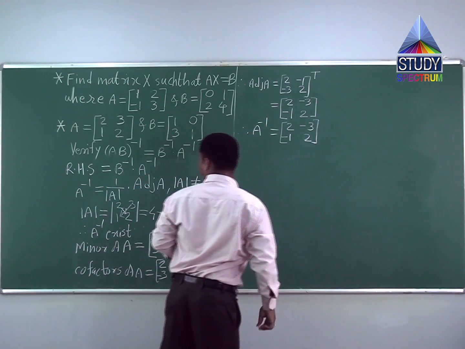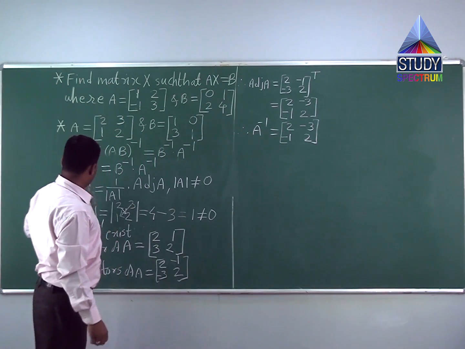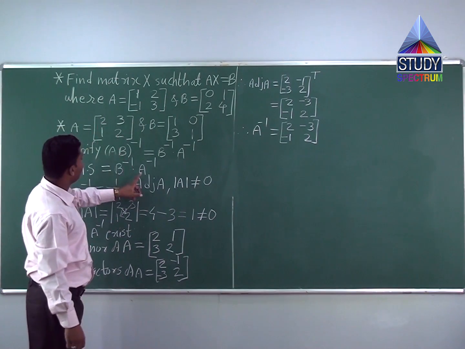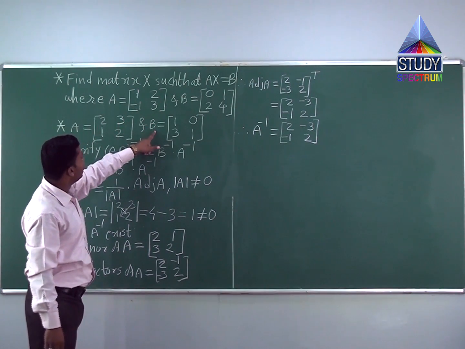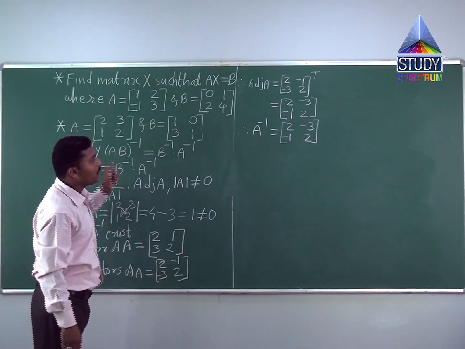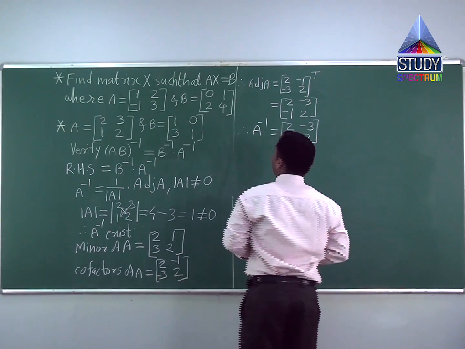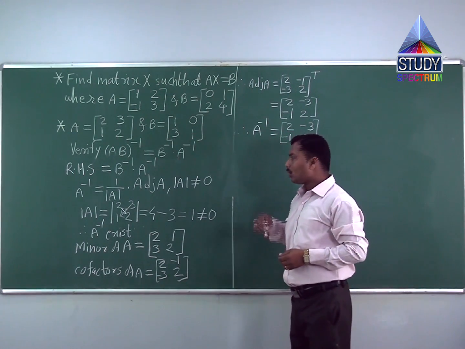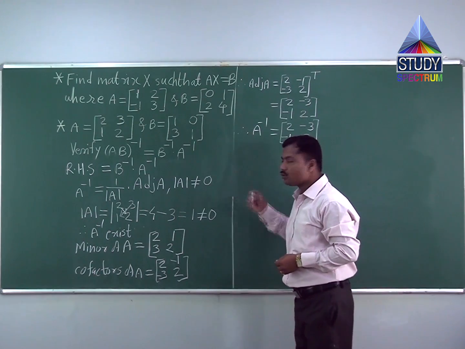Similarly, we find the determinant of this matrix B, because we want to find B inverse also. For finding B inverse, the formula is the same, by the adjoint method.